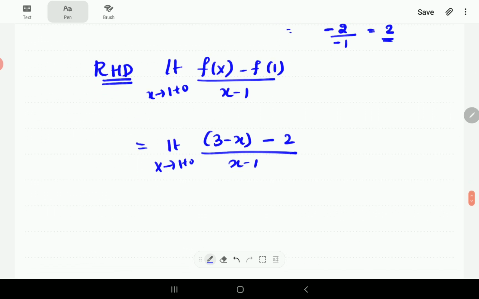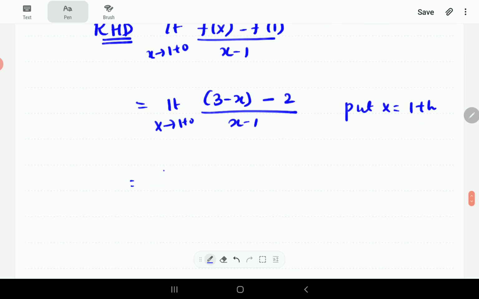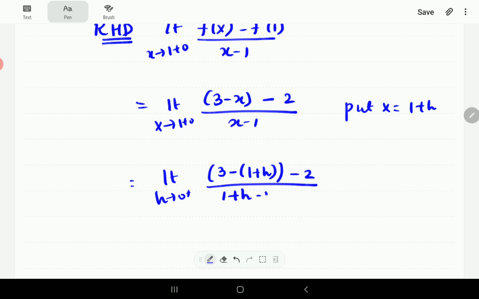Since it is a right hand limit, put x equal to 1 plus h. So this will be equal to the limit as h tends to 0 of 3 minus 1 plus h, minus 2 upon 1 plus h minus 1.